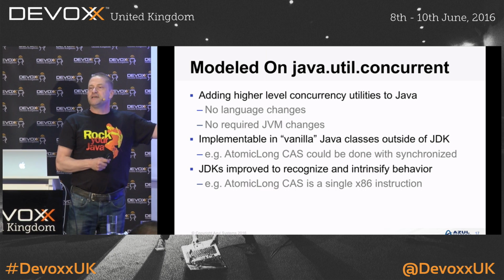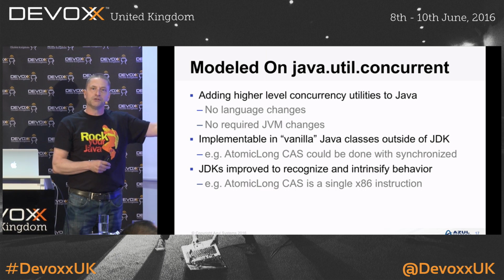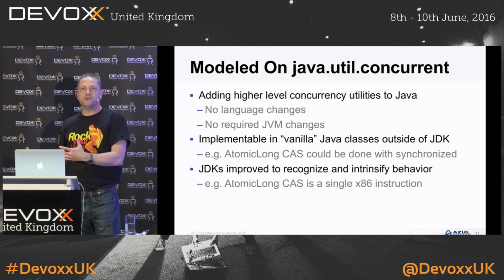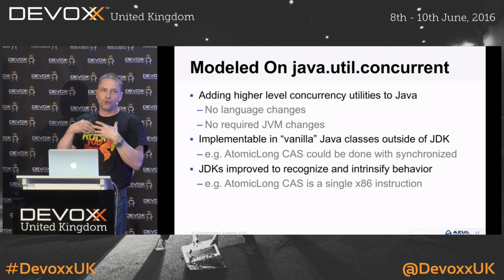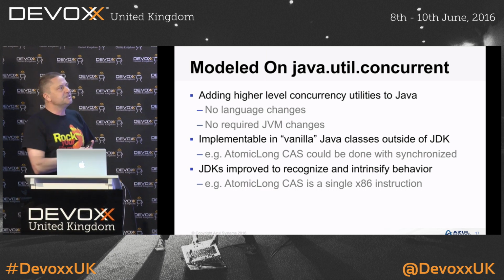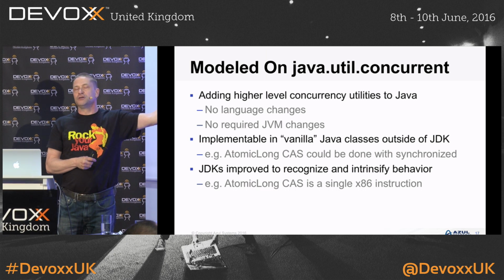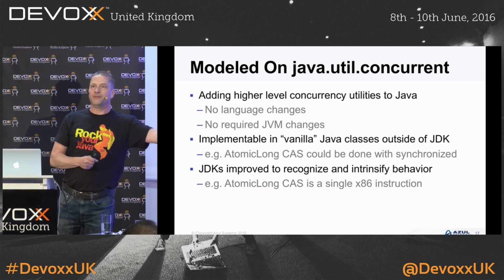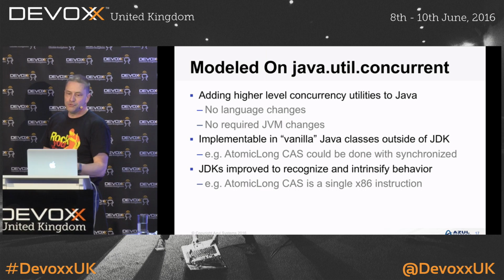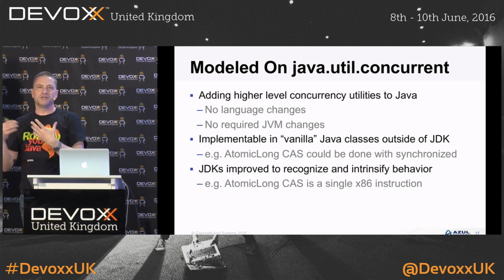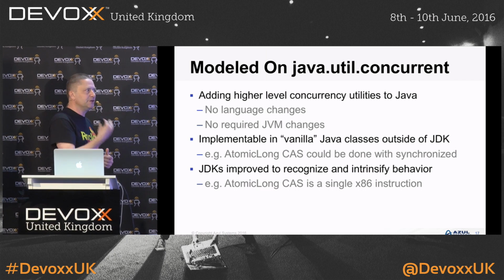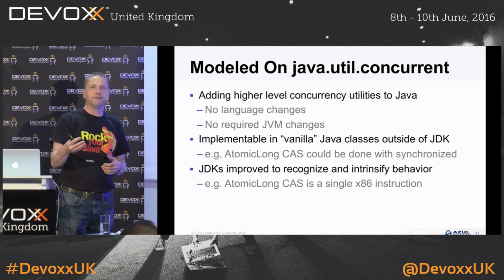And the way that worked was to use all of the existing Java syntax and all of the existing capabilities that were there. And if you look at something like an atomic long compare and set, you can implement that perfectly well using synchronized. So you can use synchronized block, synchronized method, and you can implement an atomic long compare and set.